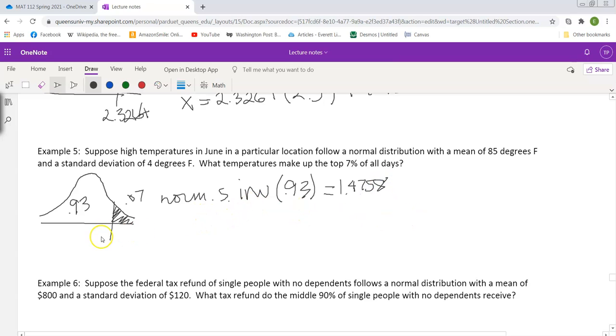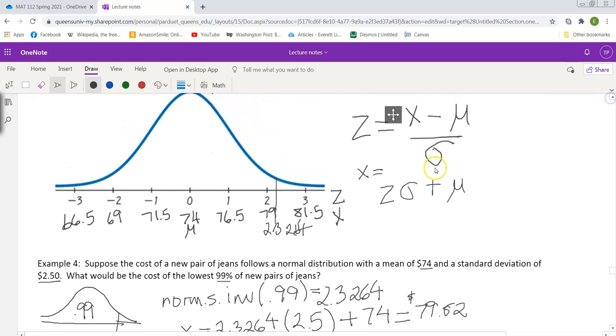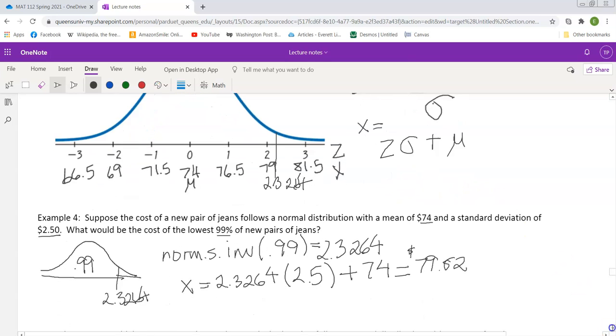Now we take that and plug it into this formula, x equals z times sigma plus mu.